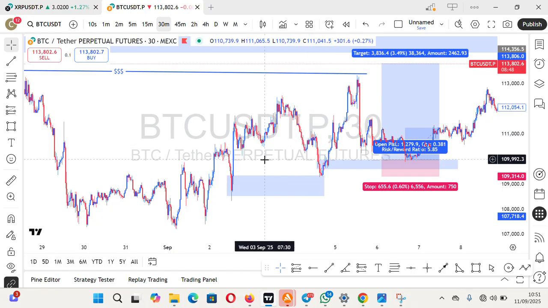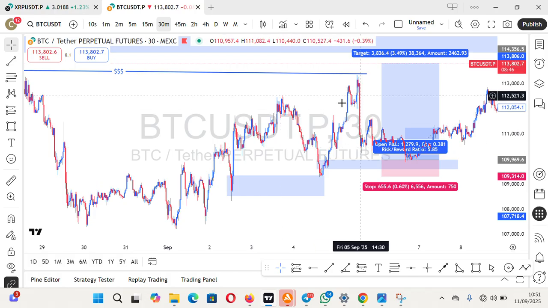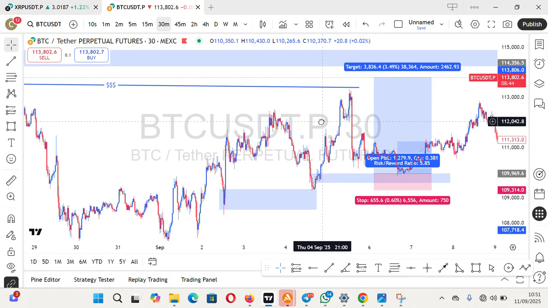I was trying to switch it to 30 minutes time frame so I could explain it from higher time frame before going down to 30 minutes time frame.